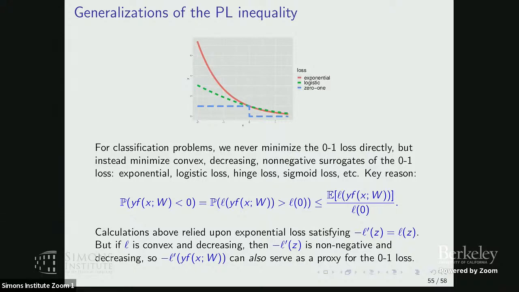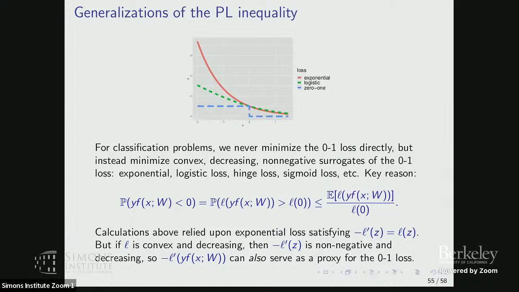But the thing to note is that if we just think about non-negative decreasing functions as a loss function for the 0, 1 loss, then we have a whole family of loss functions that we could be considering. So if you take the negative derivative of any convex and decreasing function, this itself is non-negative and decreasing. Why?